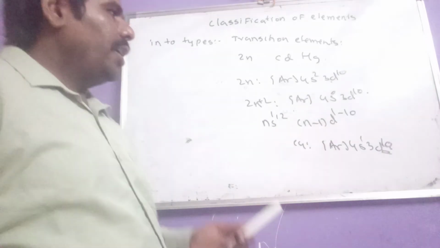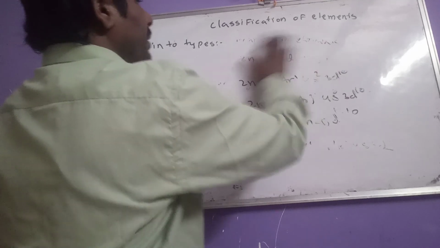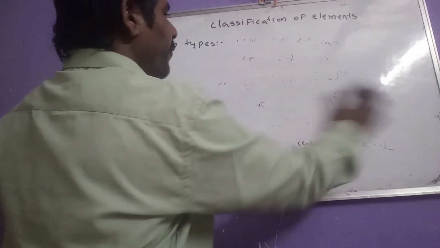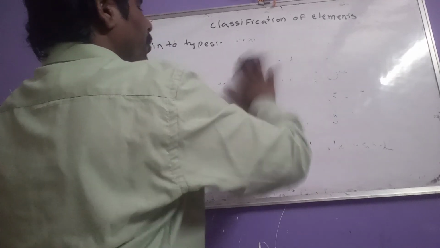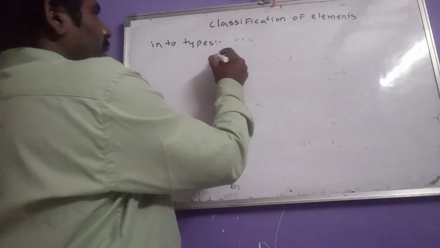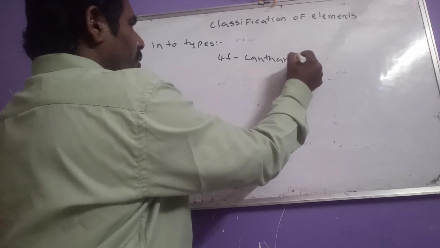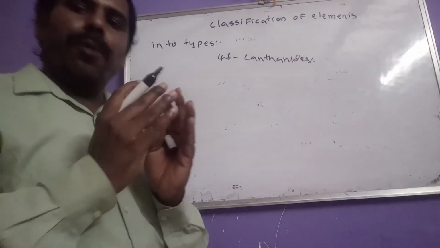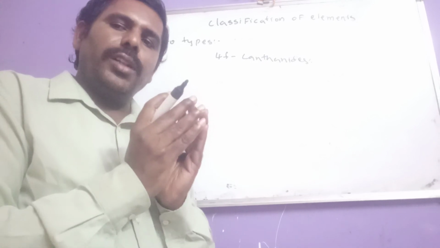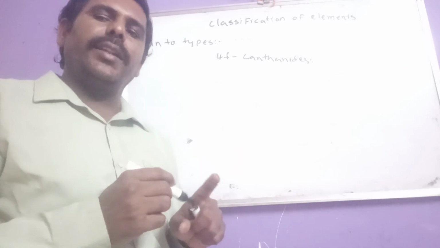Okay, then the next one, inner transition elements. Inner transition elements means f block elements. Why are those called inner transition elements? Actually, the 4f series lanthanide elements should be present in the box of lanthanum, in place of lanthanum. But due to the placement problem, they are placed below the periodic table.